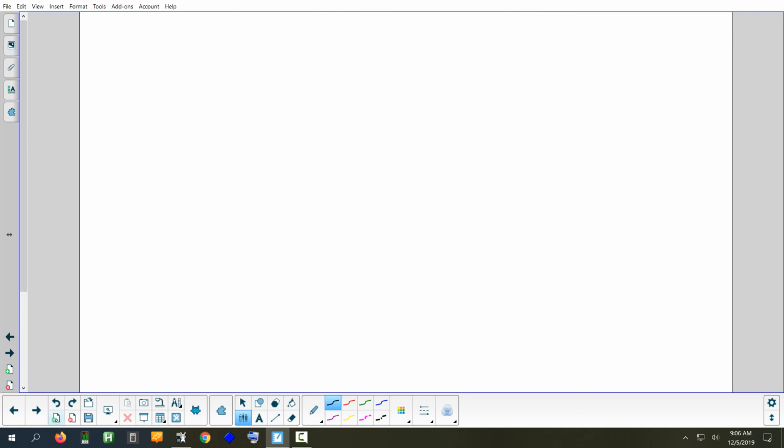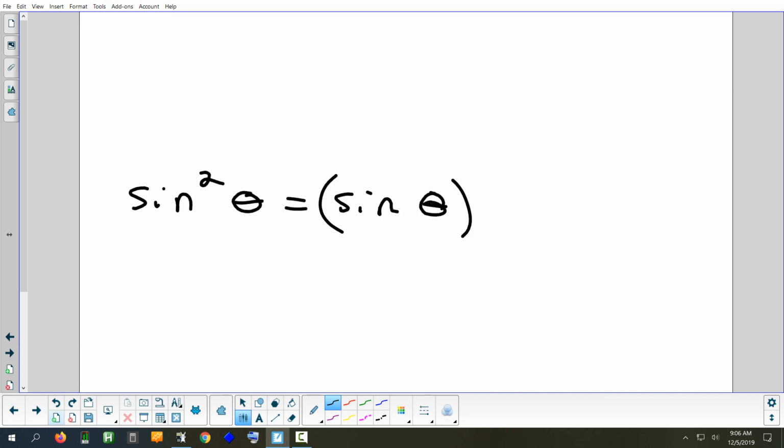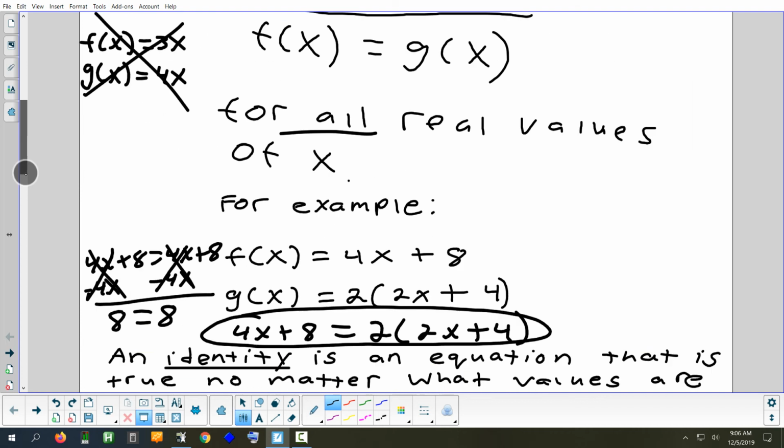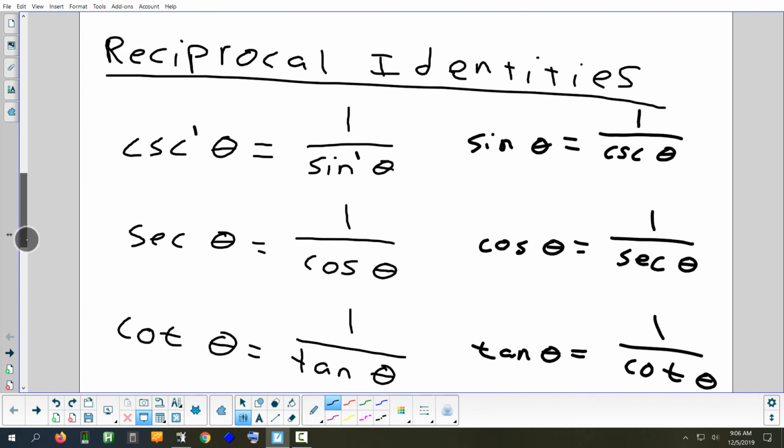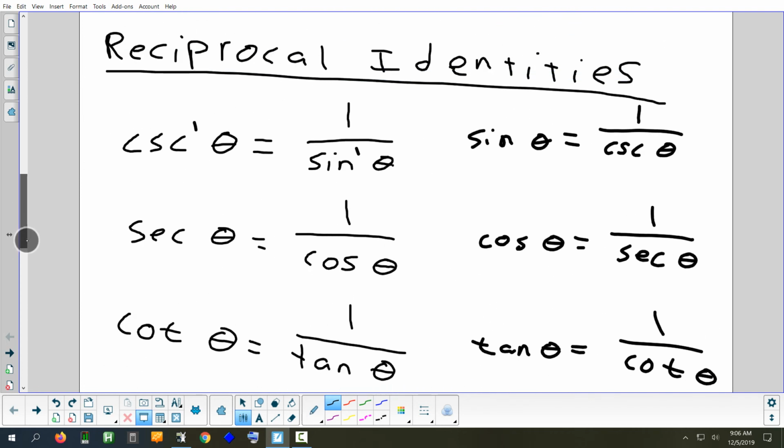So if you see something like this, it means this. Same. For whatever reason, they usually put the exponent right on the trig function itself, but those are the same thing. So all of these identities basically have exponents of 1, just like any number. If you don't put the power, it's always a 1.